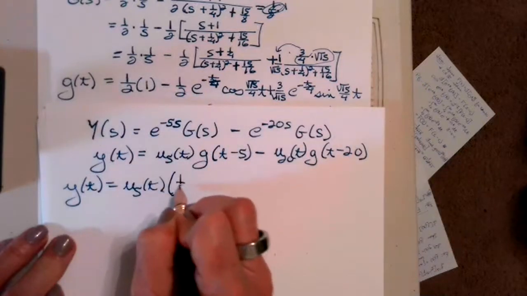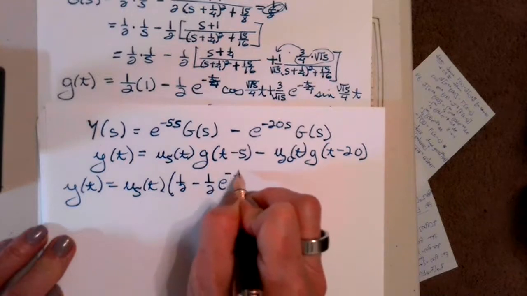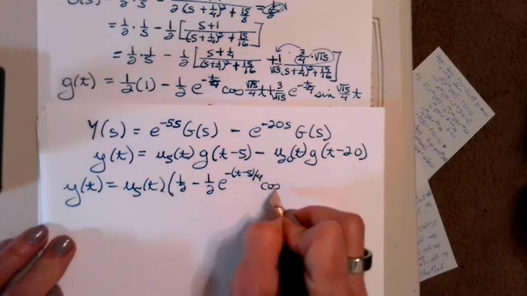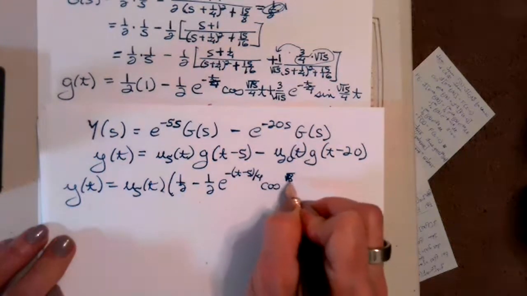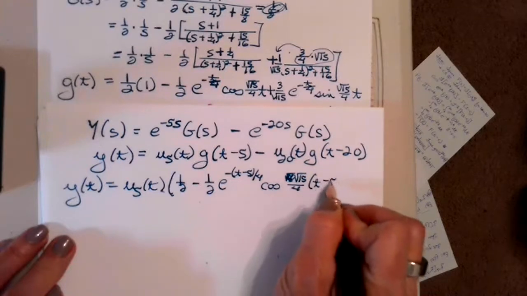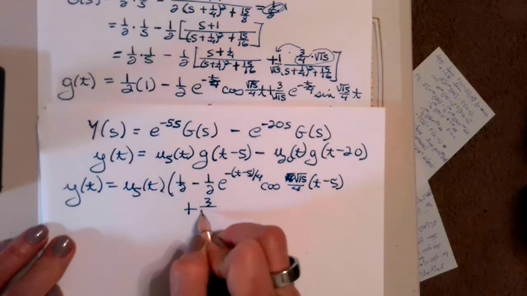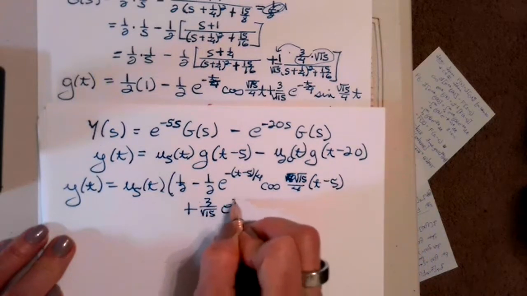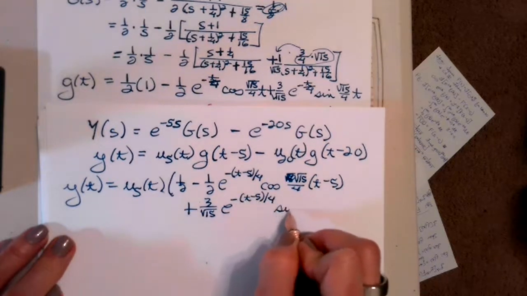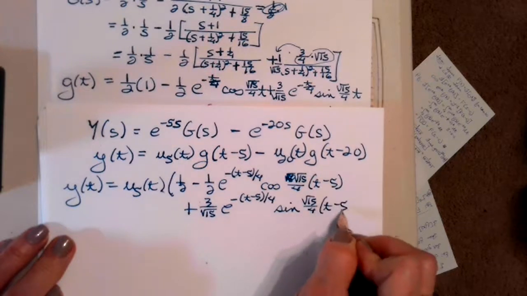So that's 1/2 minus 1/2 e to the minus (t minus 5) over 4 times cosine of the square root of 15 over 4 times (t minus 5), plus 3 over the square root of 15 e to the minus (t minus 5) over 4 times the sine of the square root of 15 over 4 times (t minus 5).